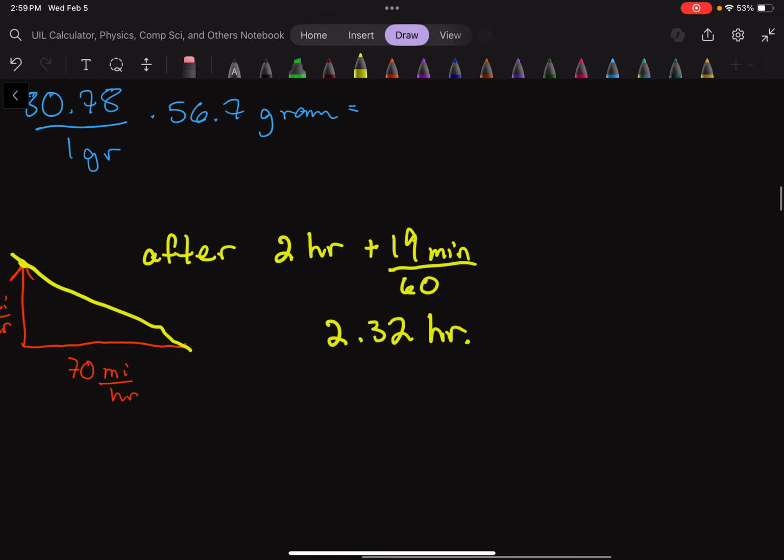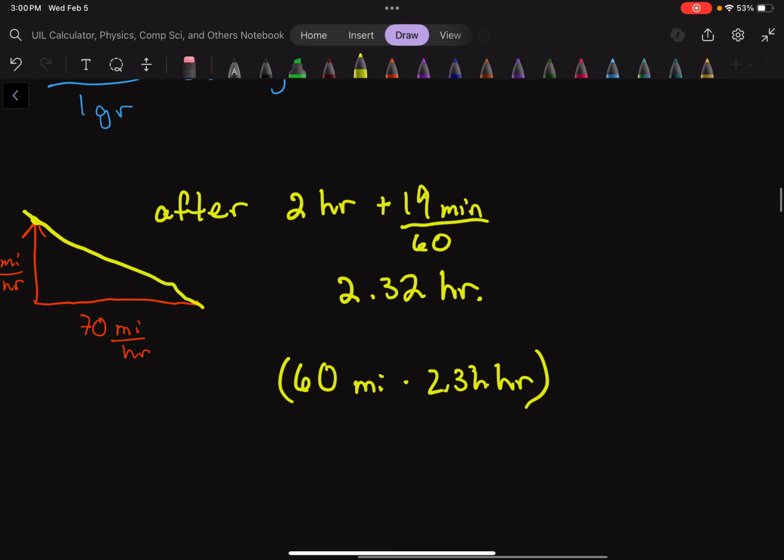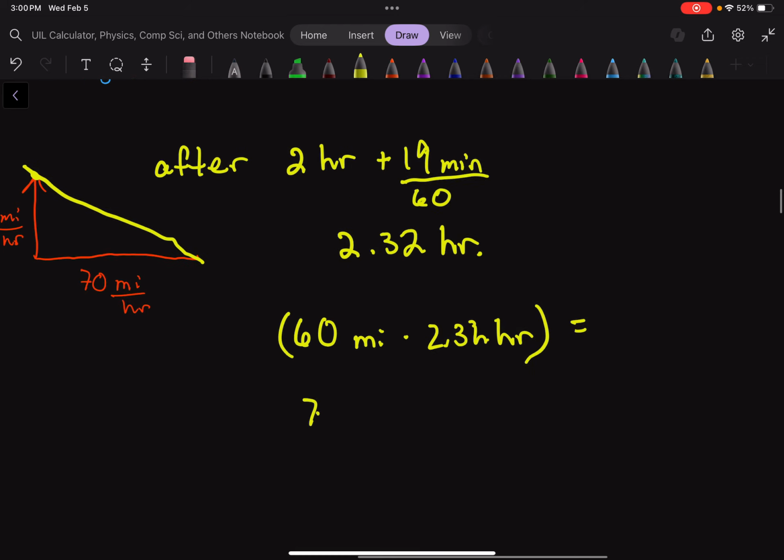Okay, so we take the 60 miles per hour, and we're going to multiply that by 2.32 hours. And that's going to tell us how far we traveled northward. Then we're going to take the 70 miles per hour and multiply by the 2.32 hours to find out how far they traveled in the eastern direction.